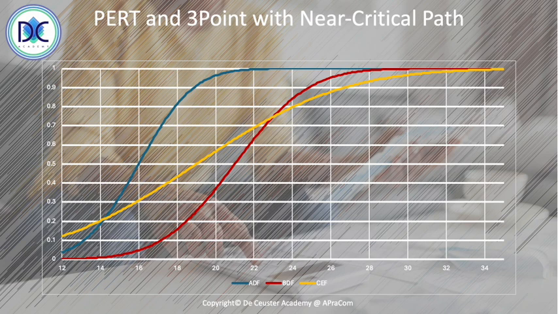And that's one of the disadvantages of the PERT and the 3-point estimates, because we're only looking at the critical path. We should have a look at the near critical path, but it's an easy method to follow, and until now it still has gotten us a lot of very good results, but it's always possible to do better.